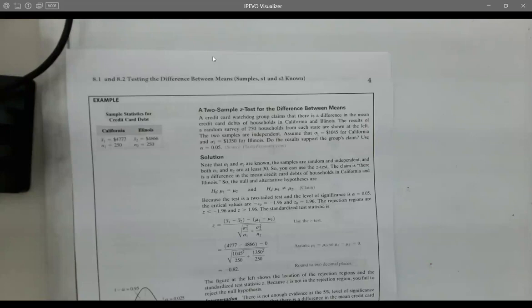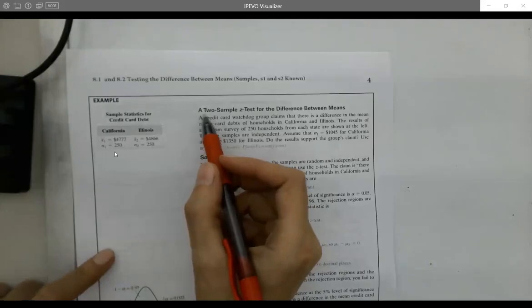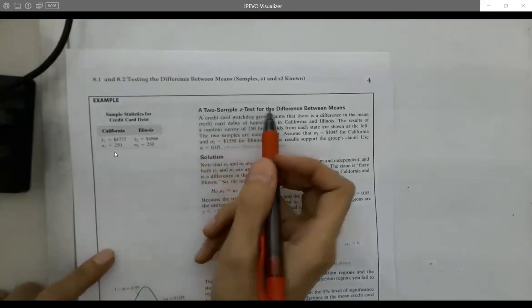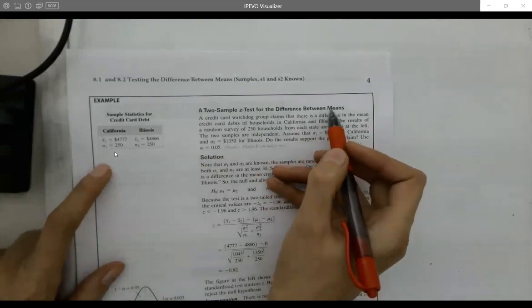So let us go over one example together to feel more comfortable about hypothesis testing for two populations. Two-sample z-test for the difference between the means.